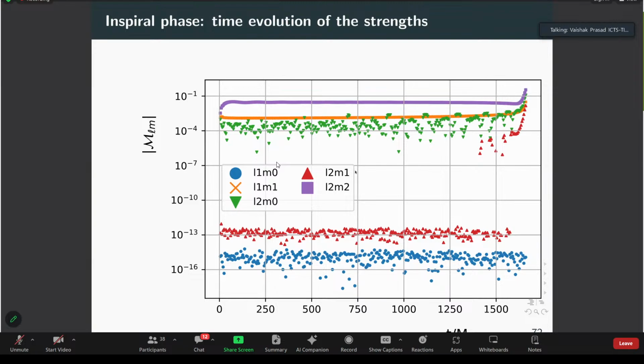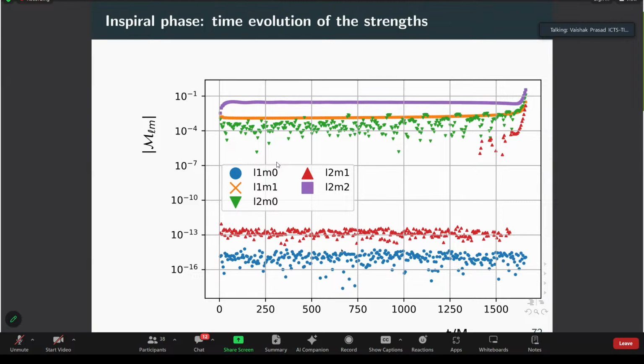It turns out there are a host of other contributions, and the dominant one is actually L2M2, which is shown here. And these are oscillatory in nature because they are complex. As you may imagine, with time, their strength increases as the two black holes come closer and closer to merge. There are different contributions to deformations of dynamical horizons, and they all increase in strength with time. And some of them remain zero, of course, because of symmetry considerations.